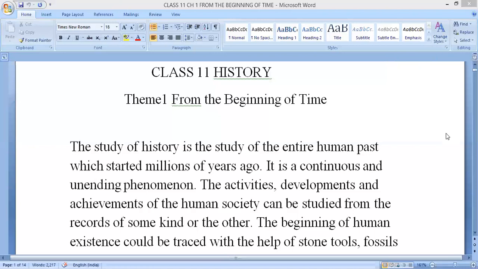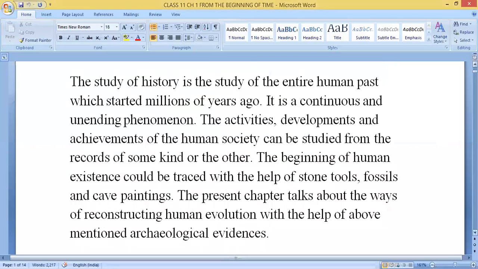So, the beginning of the existence of humans, as I said, can be traced with the help of archaeological evidences, like the different stone tools which were made by humans, then the fossils and cave paintings. This present chapter basically talks about the ways of reconstructing human evolution with the help of these archaeological evidences.